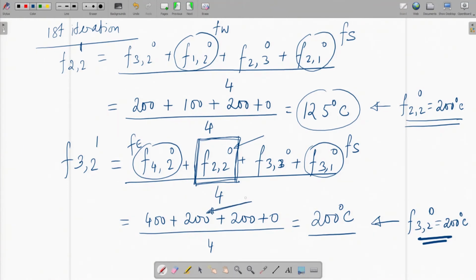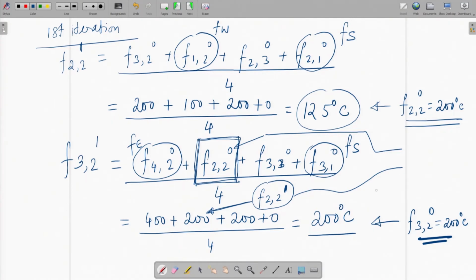Now, one may question this calculation by saying, why use the previous iteration value here when you already have f 22 available from this latest iteration level, which we are calling f 22 at first iteration level, which comes up as a superscript. Incidentally, this gives rise to two methodologies of iterative calculations.